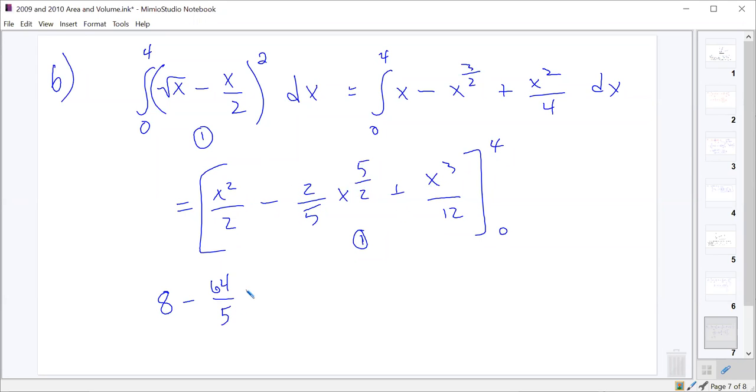And then plus 64 over 12, which could reduce and make life a little bit easier. What's that? That's 16/3, is that right? And so we'd have a common denominator of 15. You combine it all together, and I believe it came out to be 8 over 15. And that's your third point.